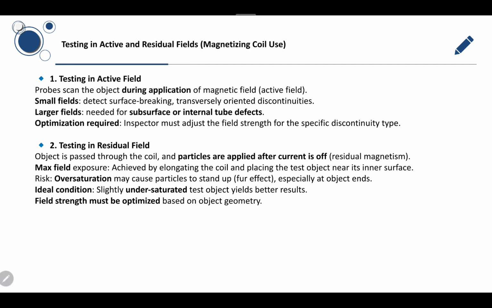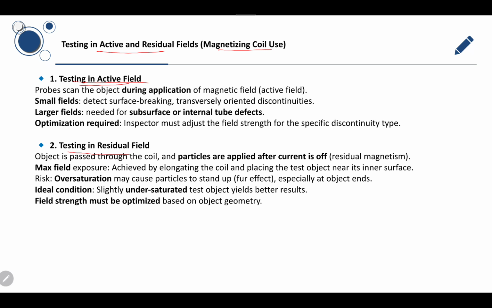Testing in active and residual fields, using a magnetizing coil. We can apply magnetic particles and observe indications in two main ways when using a coil. First one is testing in active field, second one is testing in residual field. First we discuss testing in active field.